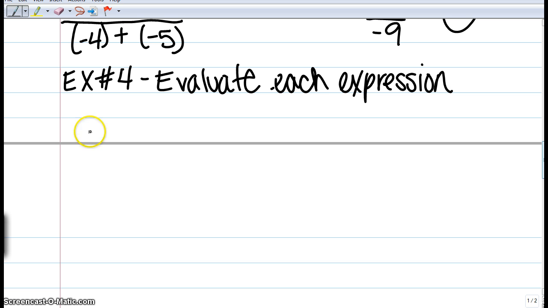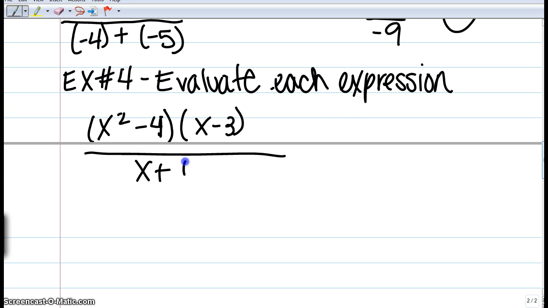So if I gave you x squared minus 4, x minus 3 over x plus 1, and I told you that x equals 2, and if you had to evaluate this, you would plug in 2 everywhere you saw an x. So let's do that.